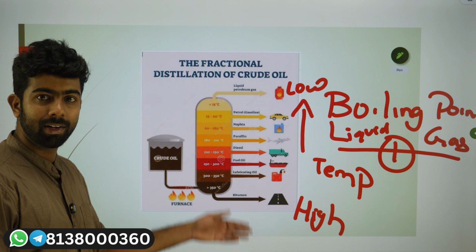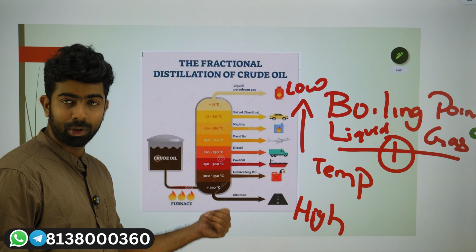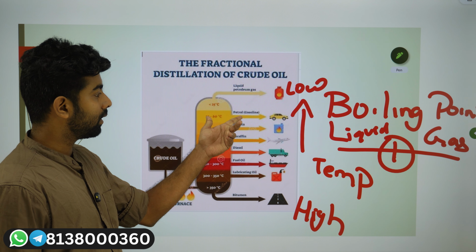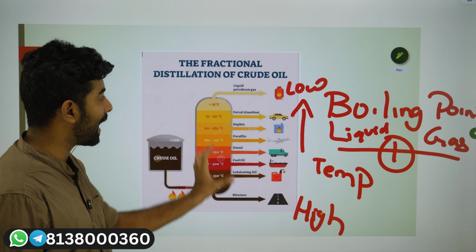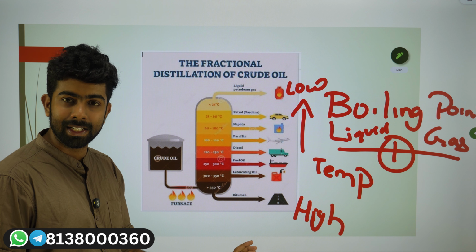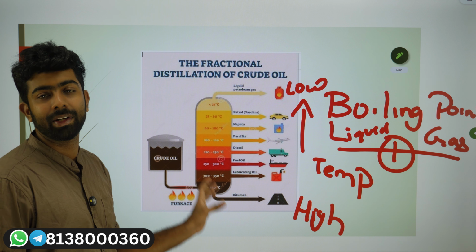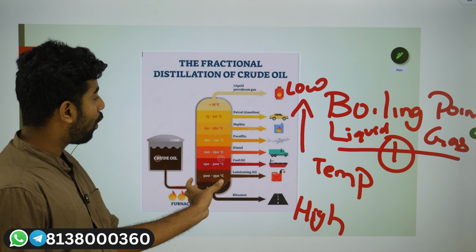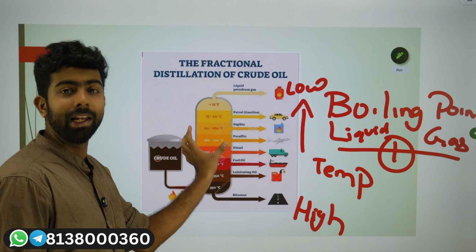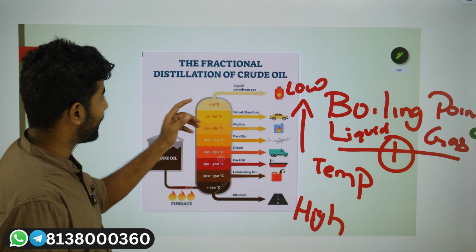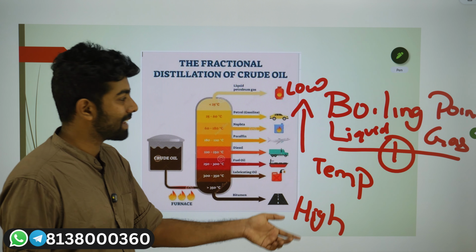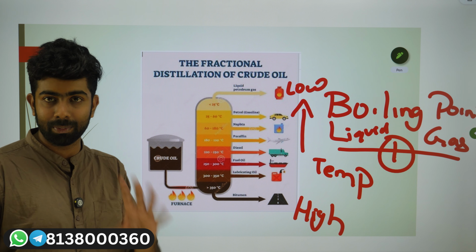When the vaporized crude oil passes through this tower, at the top we can see only those substances with a lower boiling point, because all the other products will be liquefied at a higher temperature. I hope the idea is clear.